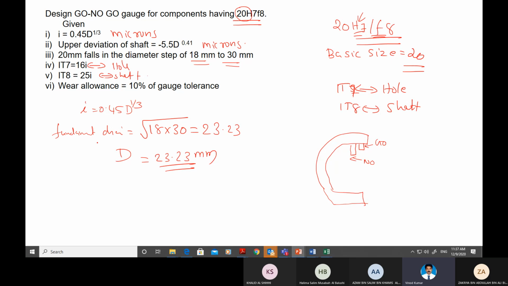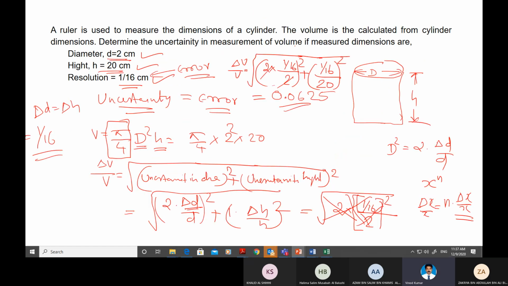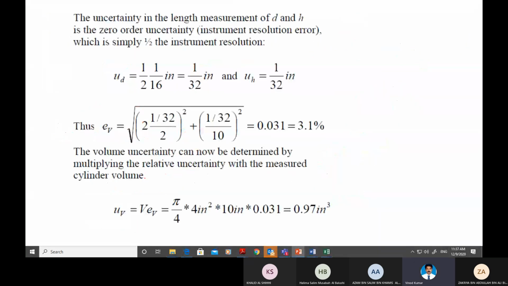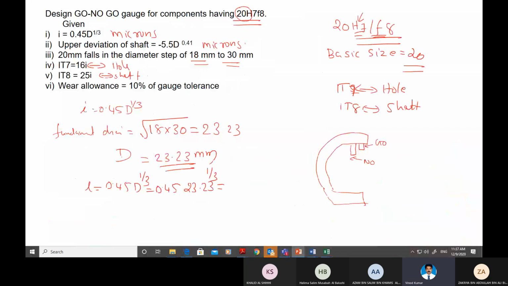So here, I we need to calculate. How do I get I? I is 0.45 times D raised to 1 over 3. Means 0.45 times 23.23 raised to 1 over 3. How much is the value of I? 1.284.